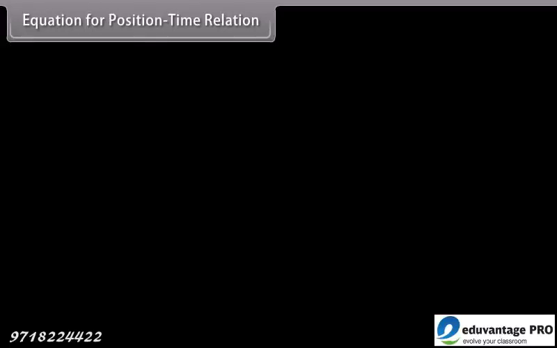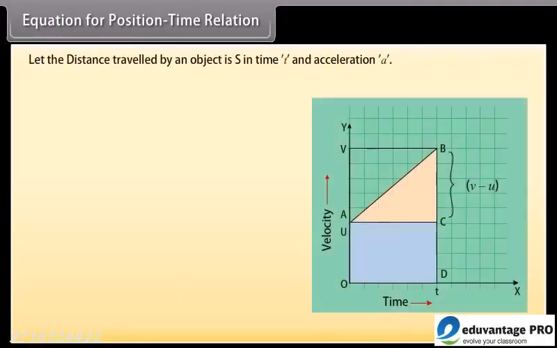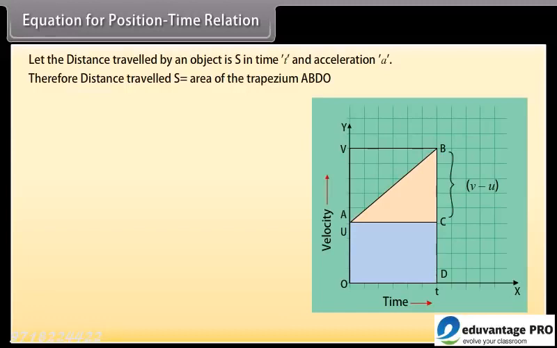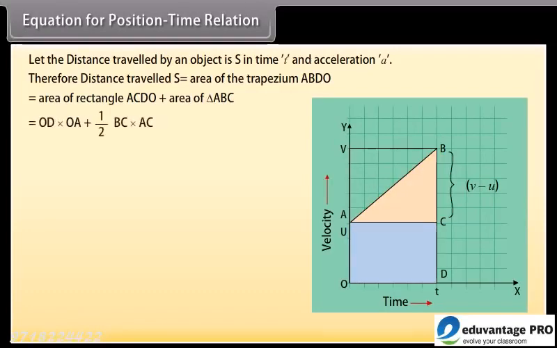Equation for position-time relation. Let the distance travelled by an object be s in time t with acceleration a. We can see that the distance traveled by the object is obtained by the area enclosed within the graph. Therefore, distance traveled s is equal to the area of the trapezium ABDO, which equals the area of rectangle ACDO plus the area of triangle ABC, which is OD into OA plus 1 upon 2 BC into AC.